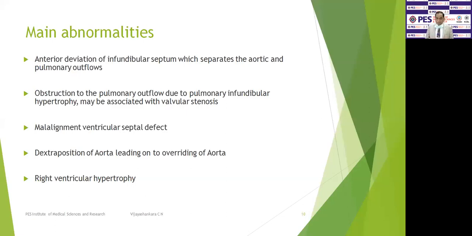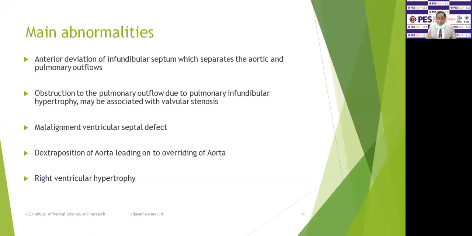Because that anterior deviation of the infundibular septum is more developed, you get what you call a malalignment ventricular septal defect, just below the aorta. This ventricular septal defect is directly opening into the aortic root. And then there is a dextroposition of the aorta. It moves when that septum is not very well developed. The aorta moves to the right side, and then it overrides both the ventricles.